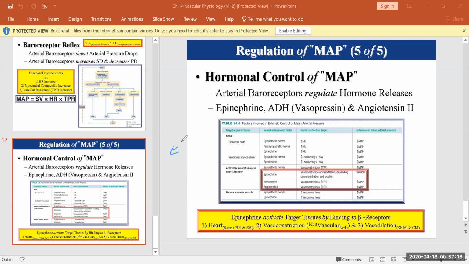Epinephrine can affect the beta-1 receptor as shown here. And when epinephrine affects beta-1, we are talking about cardiac tissue. There's a reason why I use the word tissue.